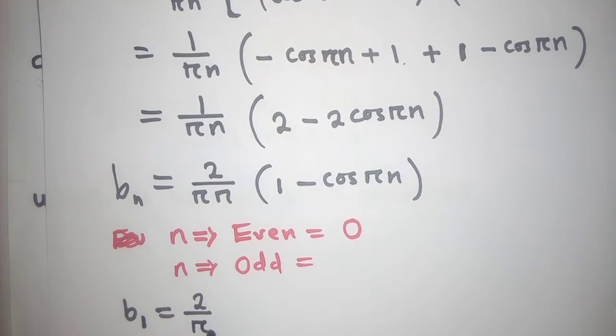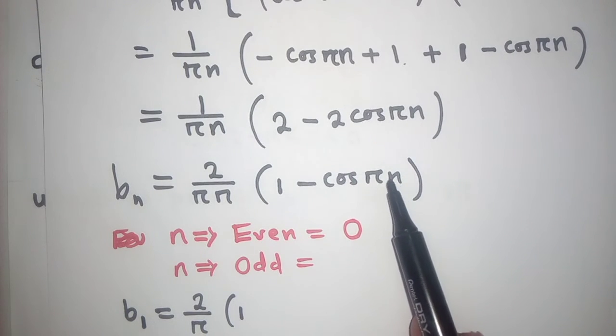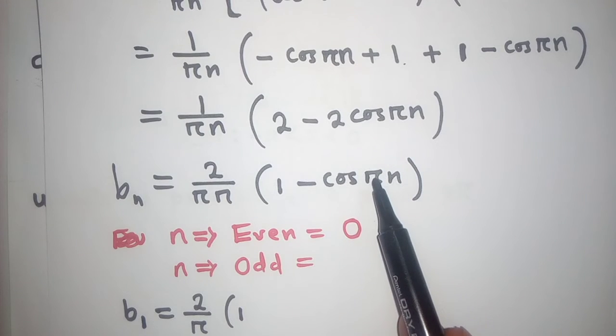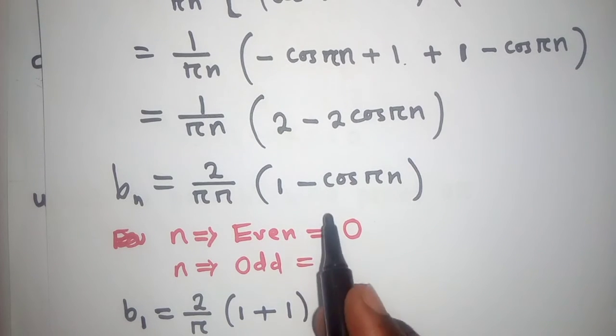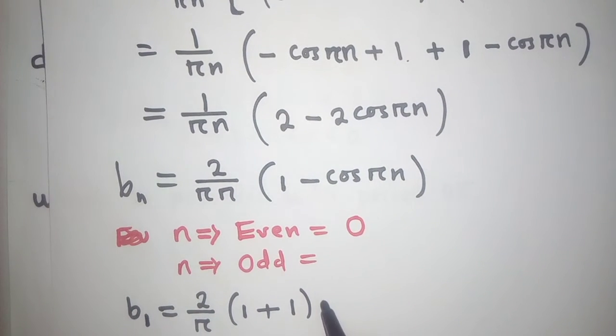So we have something like this. Here we have 1. This one, when it's 1, it will be -1. So -1 will give us a negative, and negative will be positive. So here it will be 4, because this is 2 times 2, it will be 4 over pi.